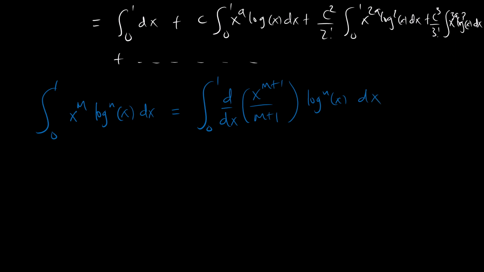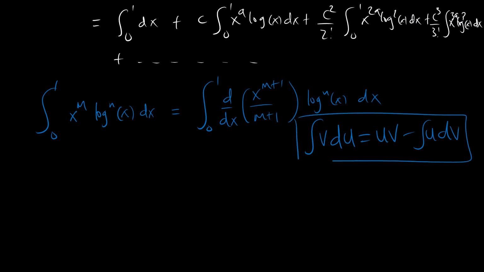And so we're using integration by parts. What does integration by parts tell us? That if you have a product of function v and the derivative of function u, if you integrate that, you have uv minus the integral of u times the derivative of v.